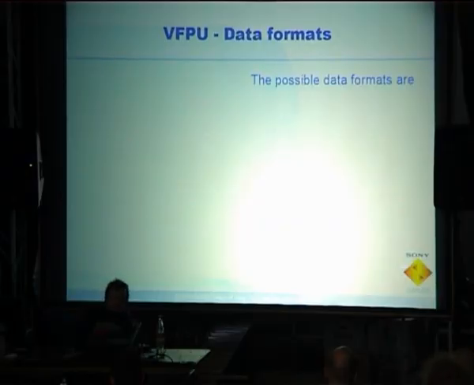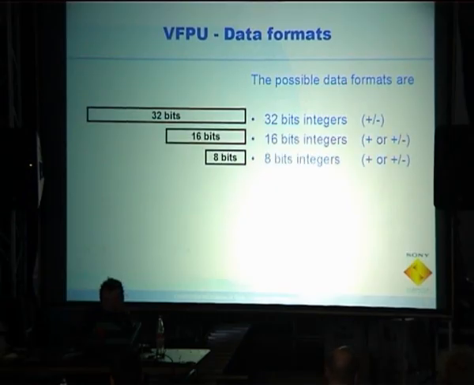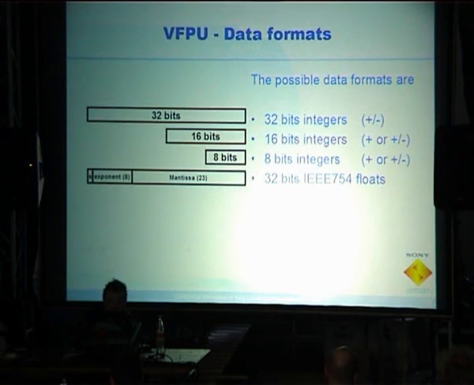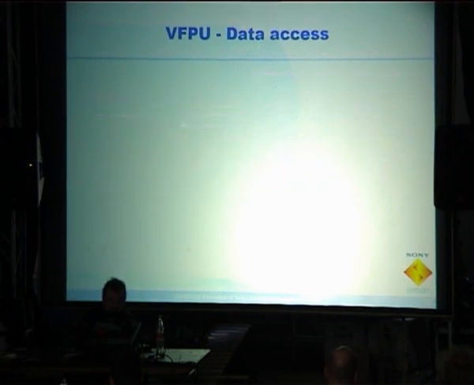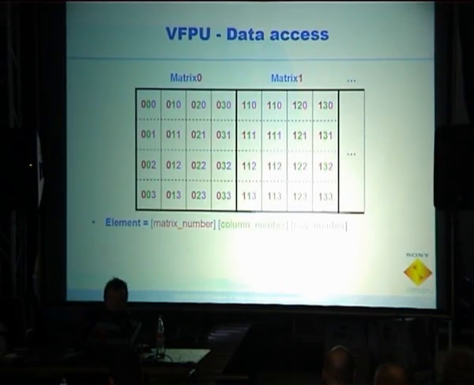Data formats on the VFPU are 32-bit integers, 16-bit integers, 8-bit integers, 32-bit floats, and 16-bit floats. For VFPU data access, as I mentioned, there are 128 registers which are organized logically as matrices.